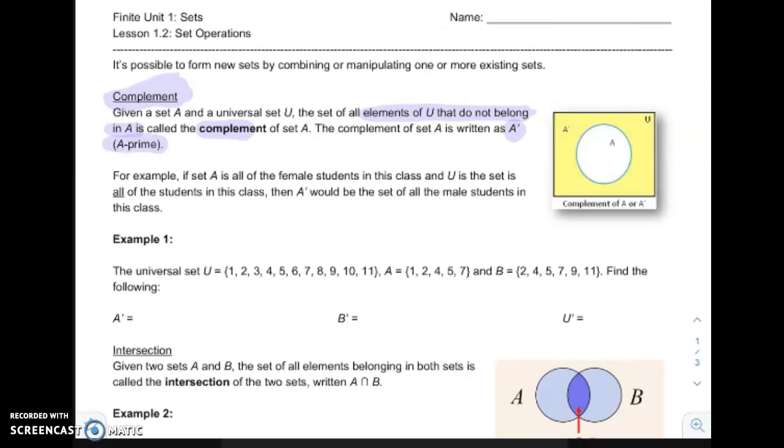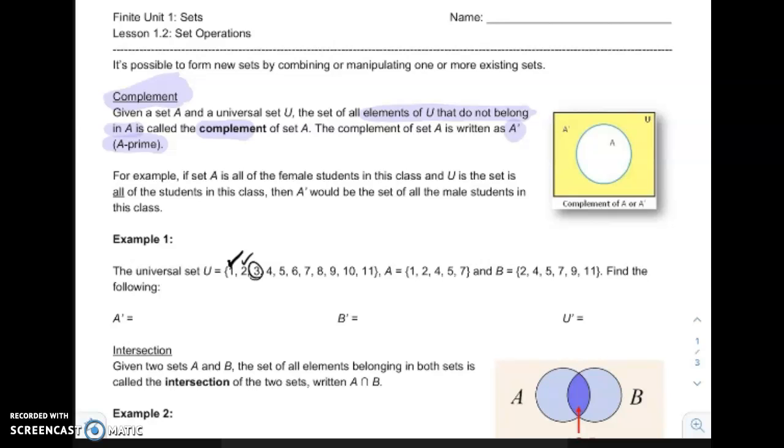All right, example 1. You're given this universal set, and this set A and this set B, and they want you to find the complement of A, B, and U. So let's look for the complement of A. We're always going to compare A to the universal set. If I look at the universal set, 1 is in A, 2 is in A, 3 is not.